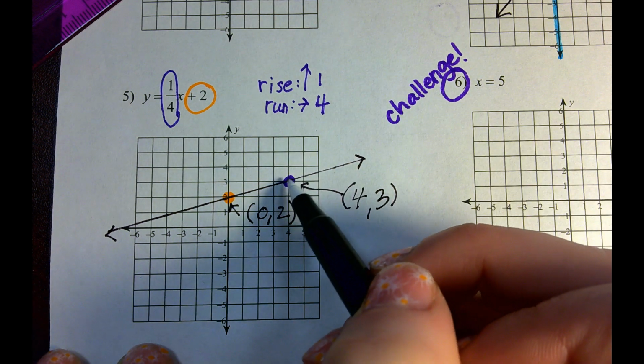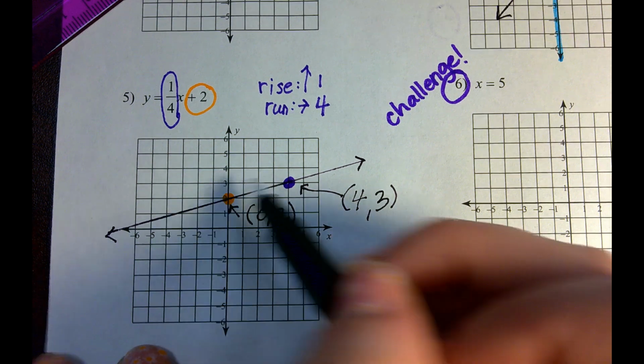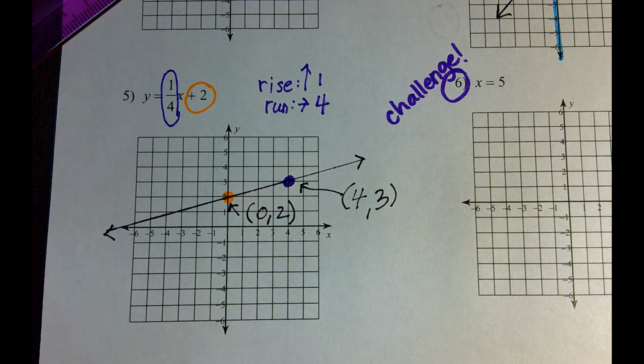Yeah, so 3 is going to be our y value. That's where it lines up on the y-axis. Were you using the number from the slope? That's okay. You reversed your numbers. All right. Any questions about number 5?